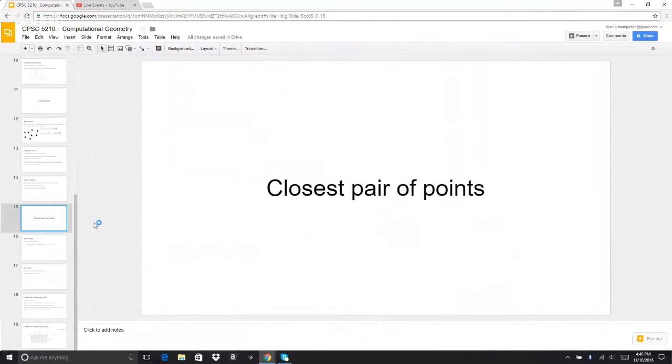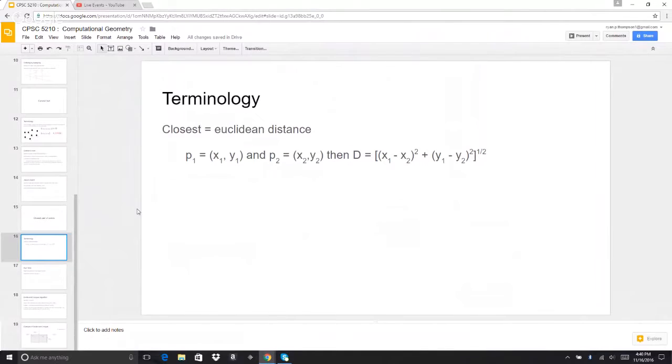Closest pair of points. We'll review some terminology so that we can really define what closest means. Closest here is defined as Euclidean distance. So given two distinct points, P1 and P2, if we take the square root of the sum of squared differences, we'll be able to calculate a measure of distance.